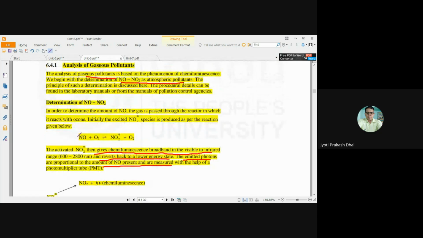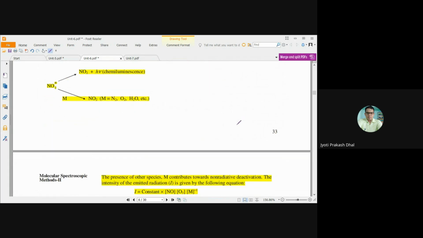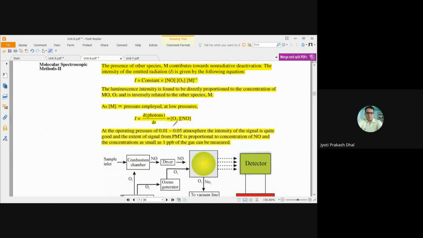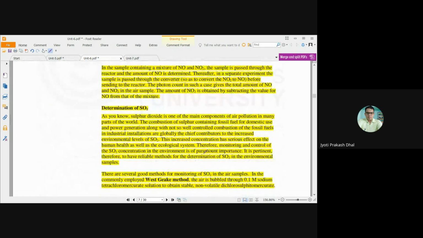So the concentration of NO2 star is also directly proportional to the concentration of NO present in the air. That's why by this technique we can measure the presence of NO in the air. This is the schematic layout for the determination of NO2 by the chemiluminescence method.